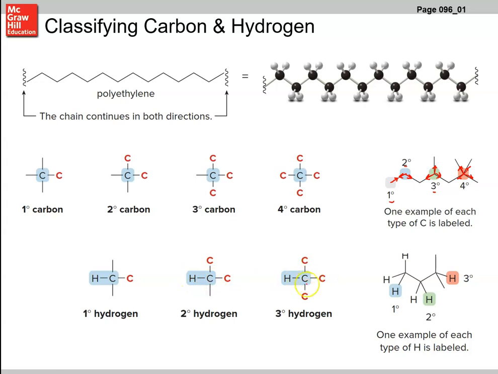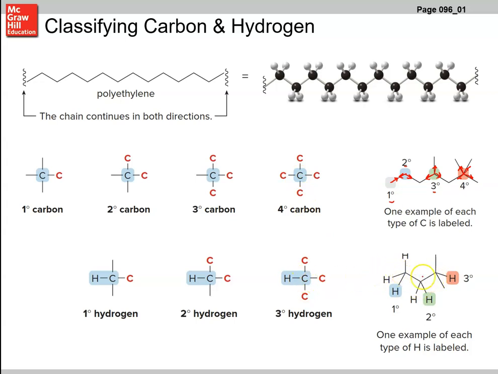This carbon is attached to 3 carbons. That's a tertiary. So notice the hydrogen is primary, secondary, or tertiary based on the carbon that it's attached to, not itself. We can have a quaternary carbon, but you'll notice that one can't be attached to any hydrogens. So we can't have a quaternary hydrogen, for example.